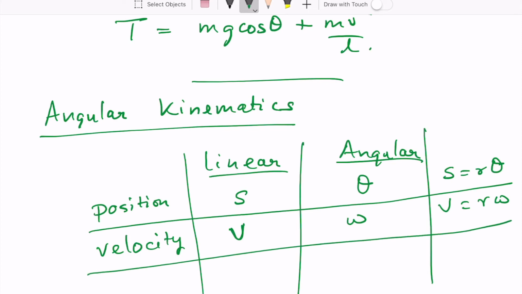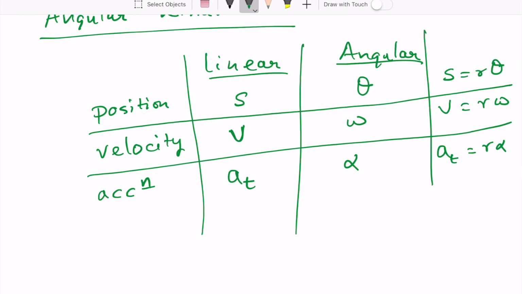Then if you move on to acceleration, the linear measure of its acceleration is a tangential. So a tangential measures how fast v is changing, right? And the angular measure of its acceleration would be the angular acceleration alpha. These quantities are related by a tangential is equal to r alpha. So you can see that there is this nice analogy between these linear quantities which we had studied in earlier chapters and the angular quantities which we learned about in this chapter, right?